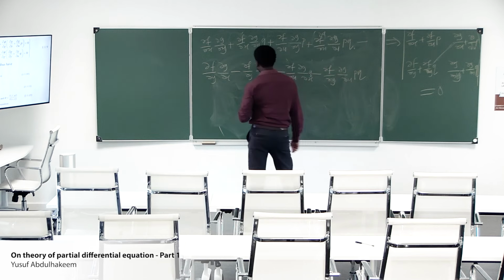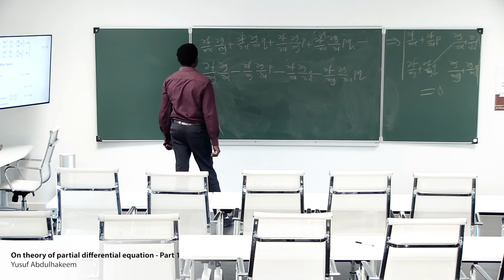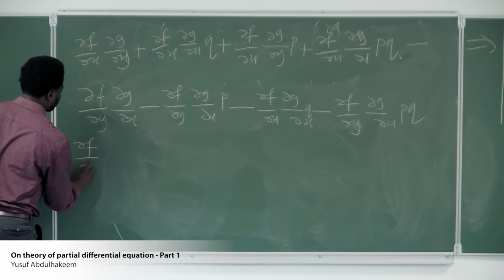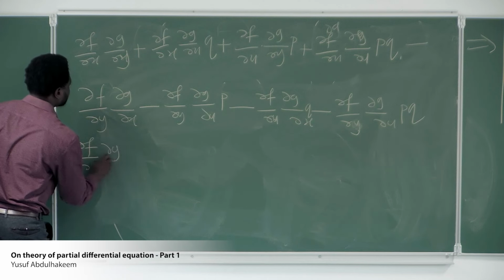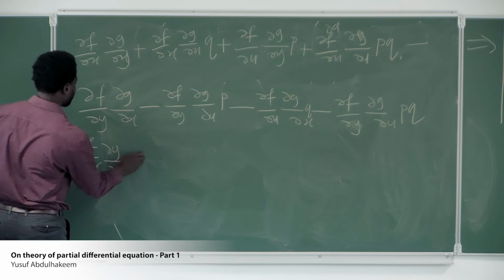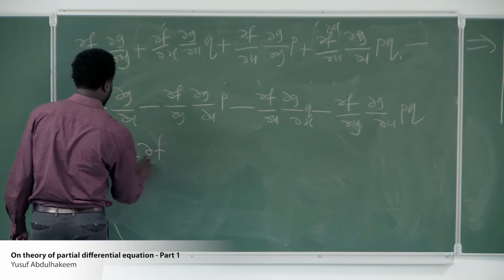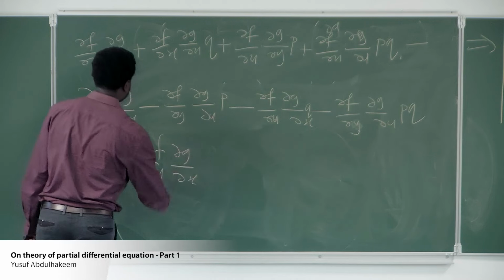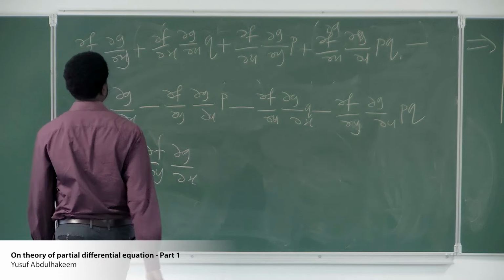Now we group this, and the first group we are going to have is this and this: ∂f/∂x ∂g/∂y, ∂g/∂y ∂f/∂y, ∂g/∂x. So this will just give us ∂f/∂x ∂g/∂y minus ∂f/∂y ∂g/∂x. That is this and this.